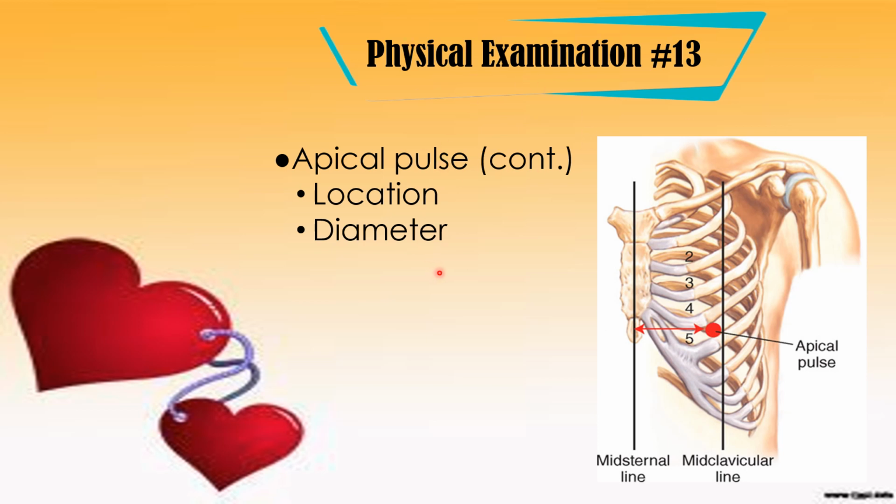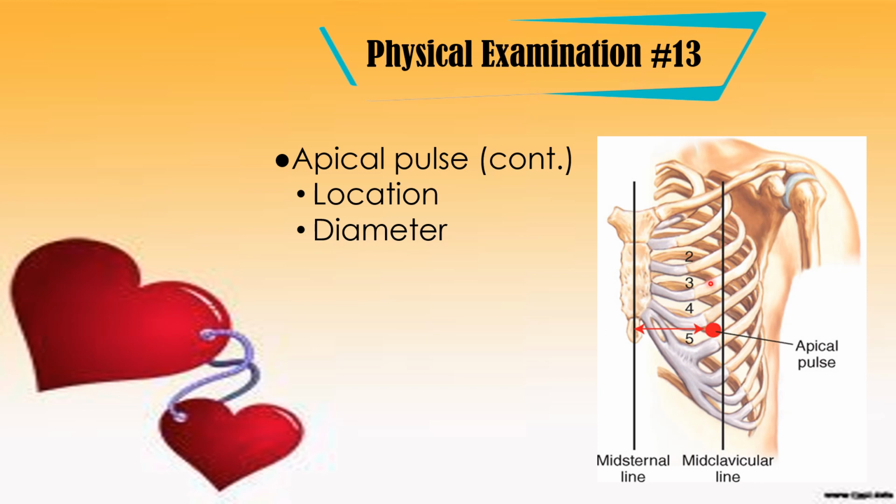For the location of the apical impulse, try to assess the location with the patient supine, because the left lateral decubitus position usually displaces the apical impulse to the left. Locate two points: the intercostal space, usually the fifth or possibly the fourth, which gives the vertical location, and the distance in centimeters from the mid-sternal line, which gives the horizontal location.